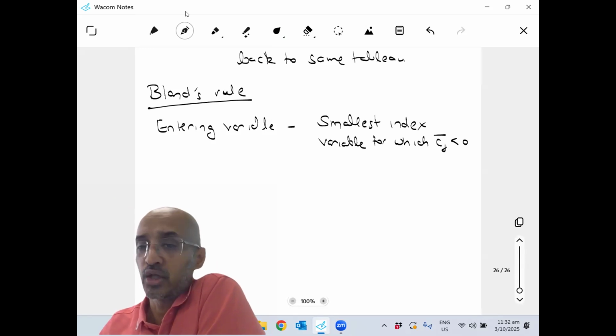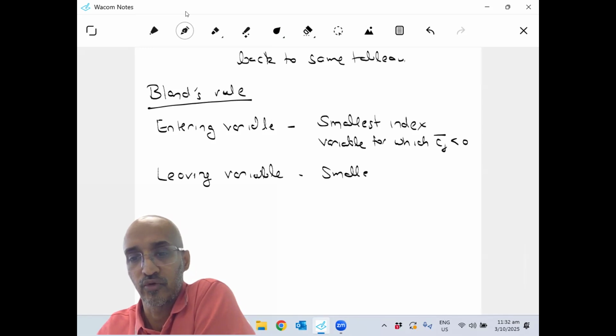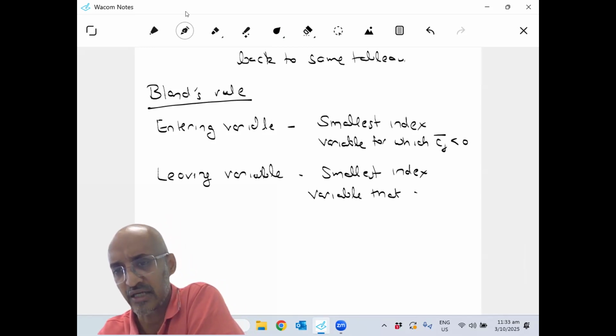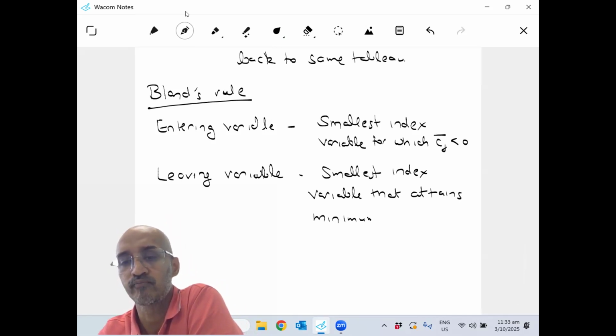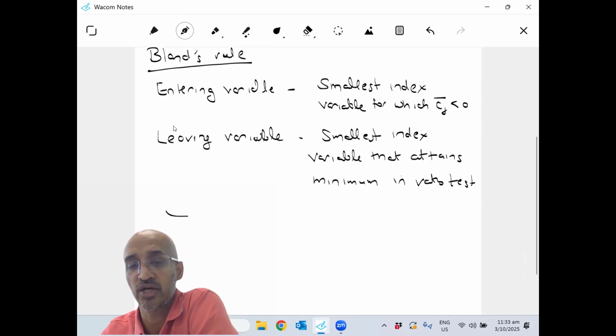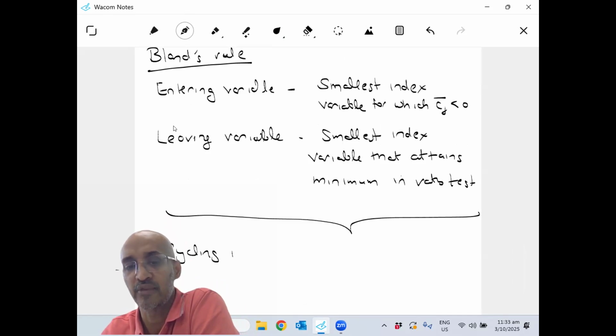It turns out Bland's rule, where you choose the smallest index for the entering variable and similarly the smallest index variable that attains the minimum in the ratio test, means that if you use these two choices for entering and exiting variables, cycling never happens.